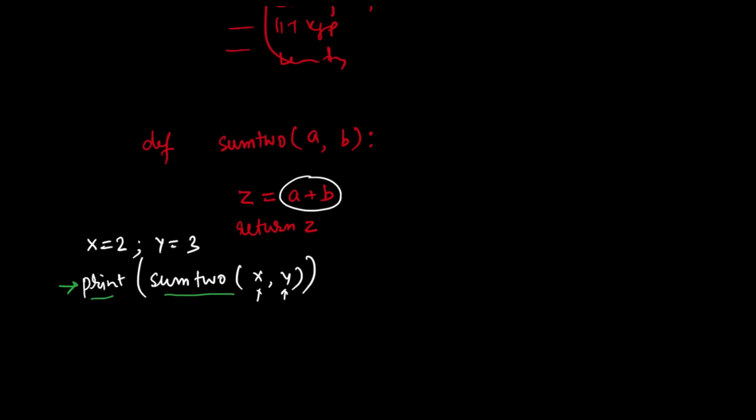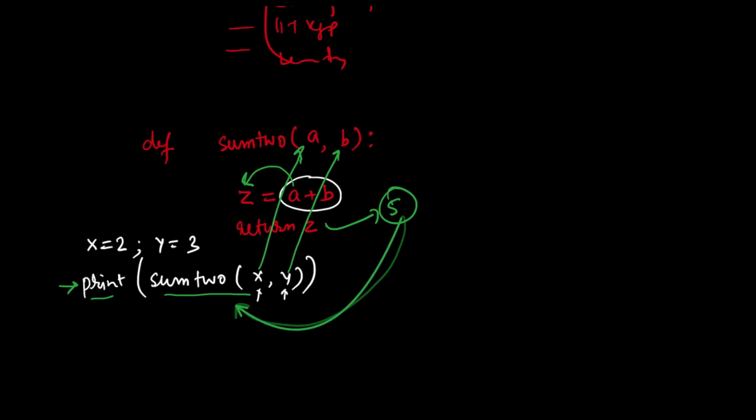It's a print statement, and inside this there is a function call with x and y, so that's how they will map the arguments. x has value 2 and y has 3, so they will go here. Now a has 2 and b has 3, so the sum of these two will get stored in z. Now z is returned, so z has 5, and this 5 will be returned here, and finally this will get printed.